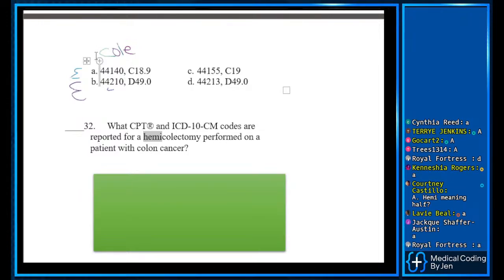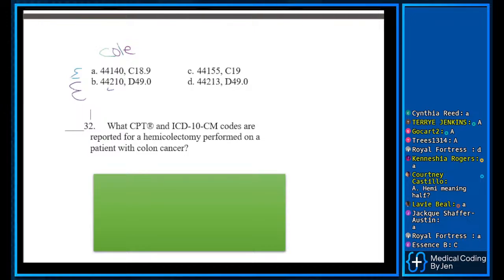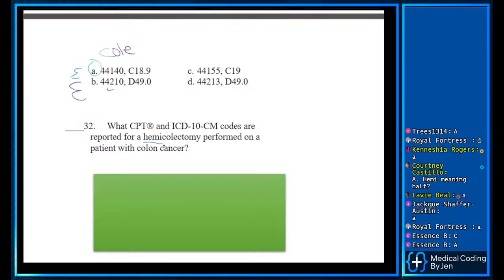So the only one it could be, as of course our cheapest one, is A, right? Yep. But it doesn't say that near the CPT code descriptor, so writing that in next to your 44140 is super helpful because they don't have the word hemi there at all, and that would be nice to have.